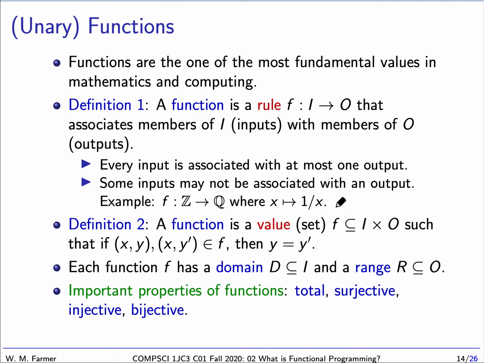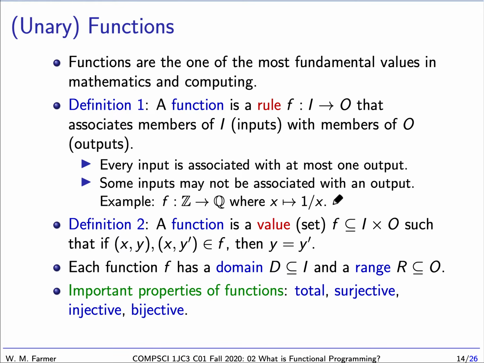The rational it produces is the reciprocal of its input. Perfectly good function. It works in every case except when x is 0. When x is 0, we're going to get the reciprocal of 0, and 0 does not have a reciprocal. So we say it is undefined then. In that case, the function does not produce an output.